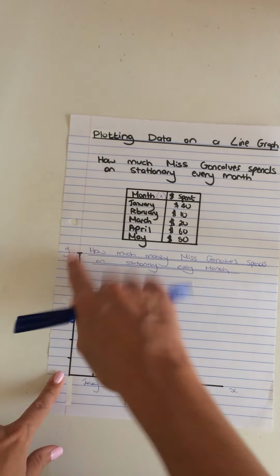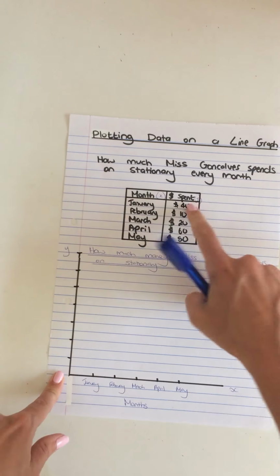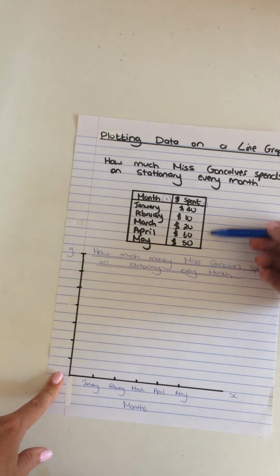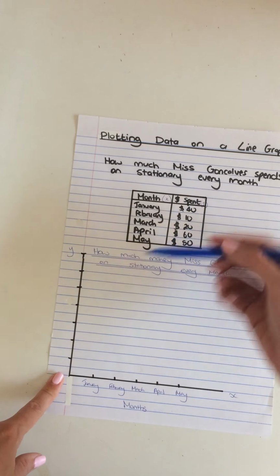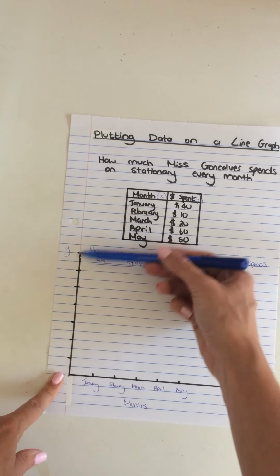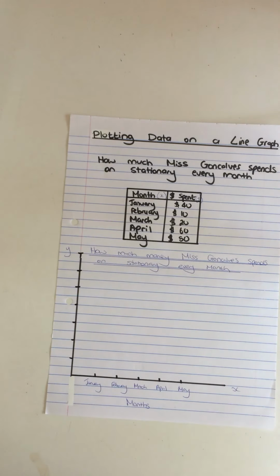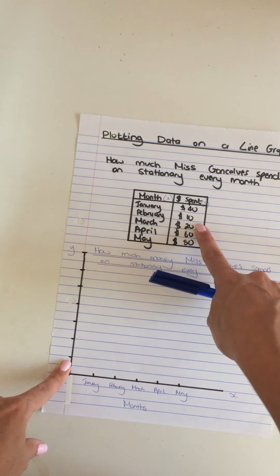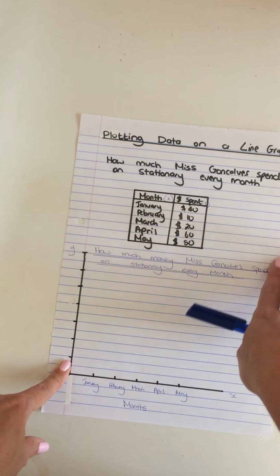Then on the y-axis is the second box, and it's the money spent. So I have to remember, look at the amounts very carefully so I can decide how I'm going to move up the side of my y-axis. It can't be any number. I can't just put a 10 because I have a 10 here and a 20, and because I don't have a 30 I'm just going to skip it.